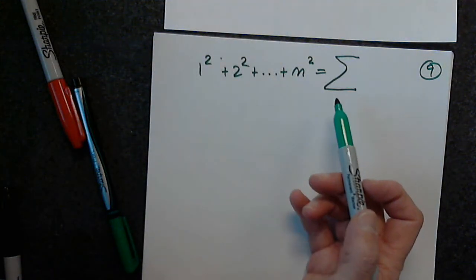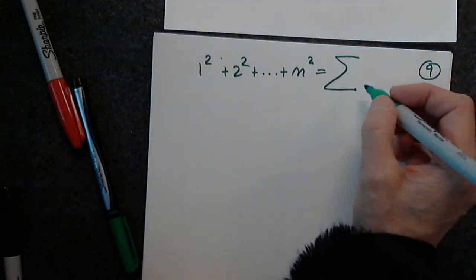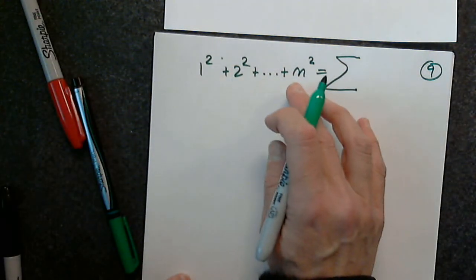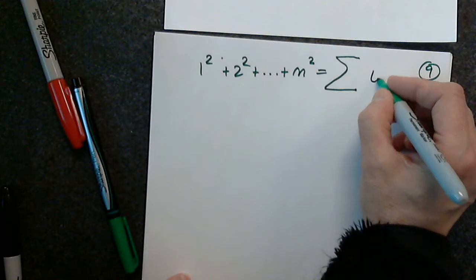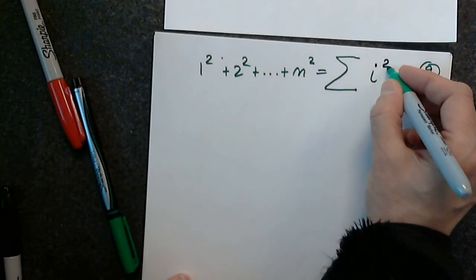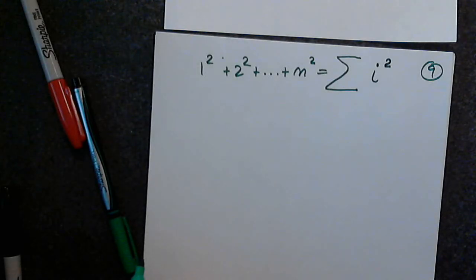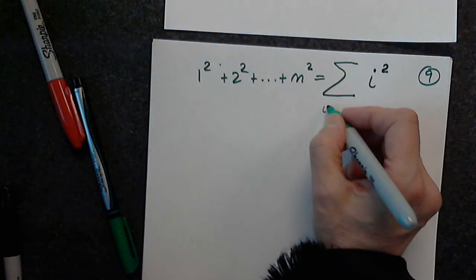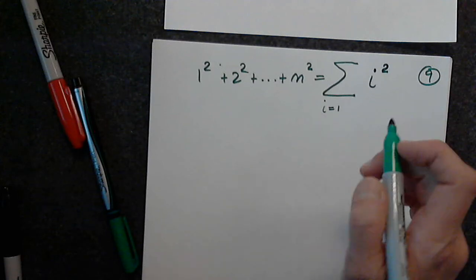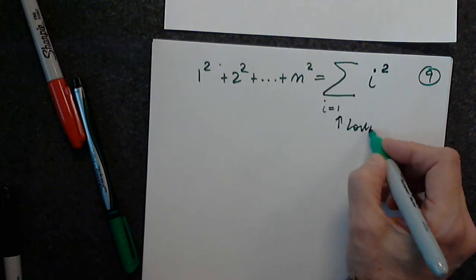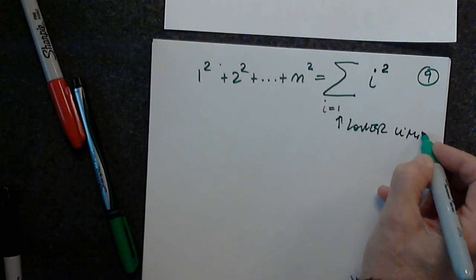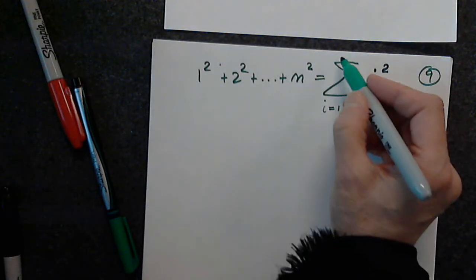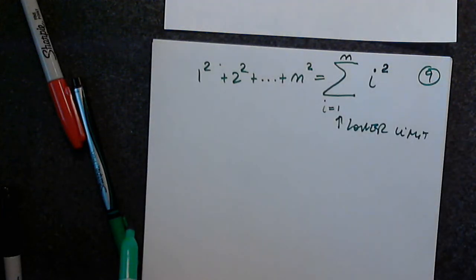It's because it's more convenient. I'll explain why. So first of all, 1 to dot dot dot n, this is the general term of the sequence, i squared. From i being 1, this is the lower limit, and n being the upper limit.